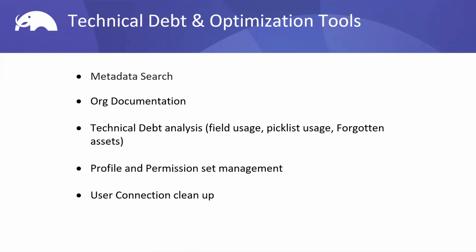We're going to look at our extensive tools for doing technical debt analysis, so finding unused fields or pick list values or really anything: groups, queues, roles, email templates. A little bit on profile and permission set management, because those can certainly be a source of technical debt in your org. And we're also going to talk about cleaning up disconnected, inactive users or even active users to help get your org put together correctly.